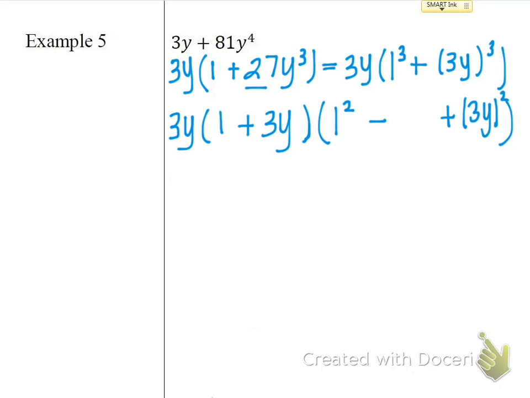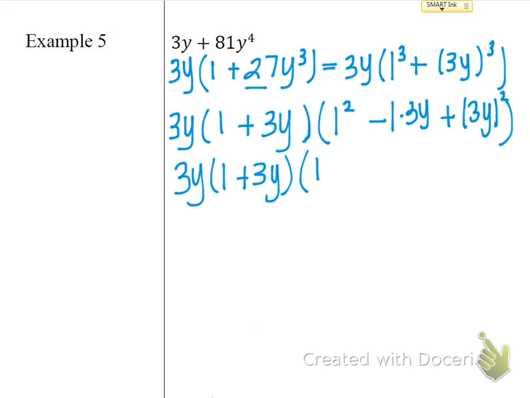And then the middle is the two of them multiplied, so 1 times 3y. So when I simplify, 3y times (1 plus 3y), times (1 squared is 1, minus 3y, plus (3y) squared, which is 9y squared).